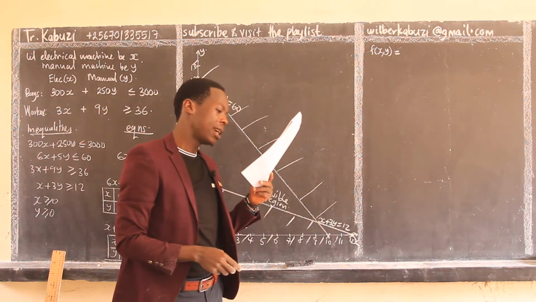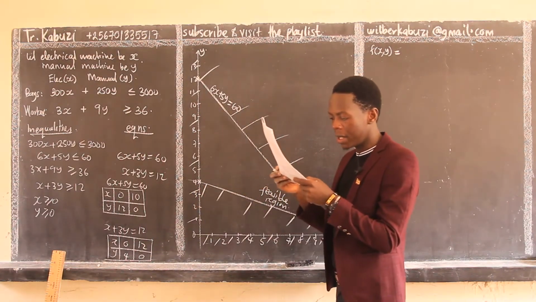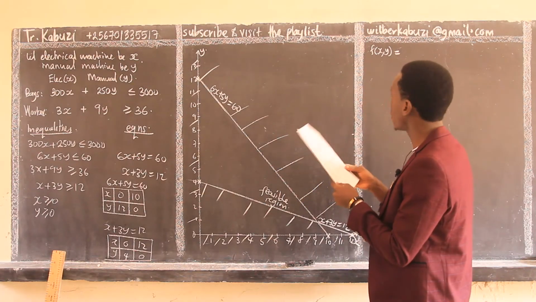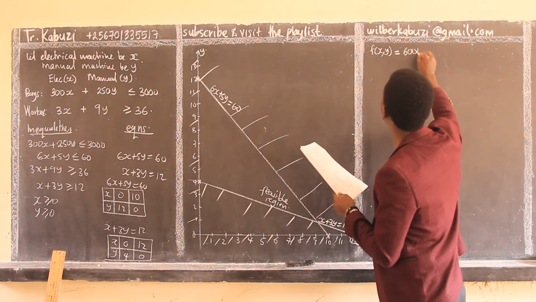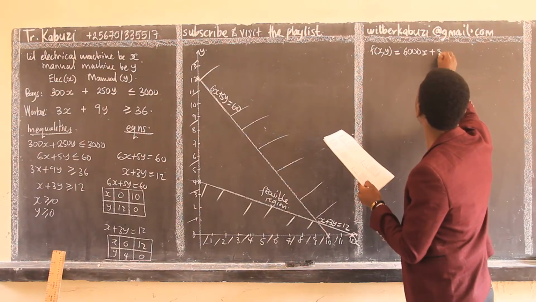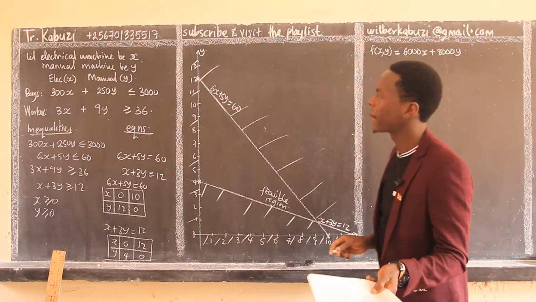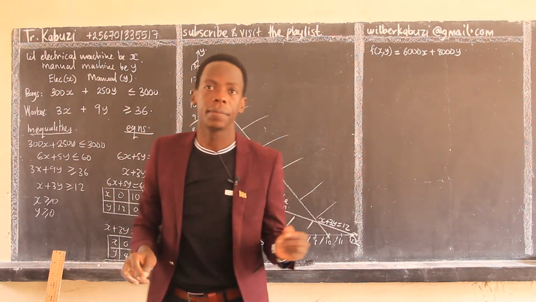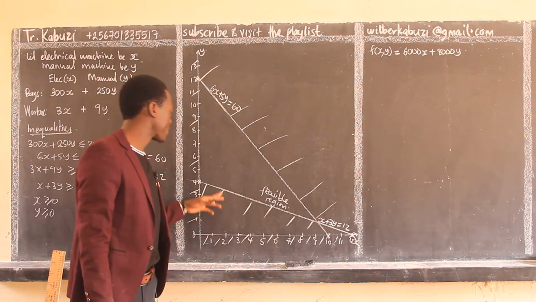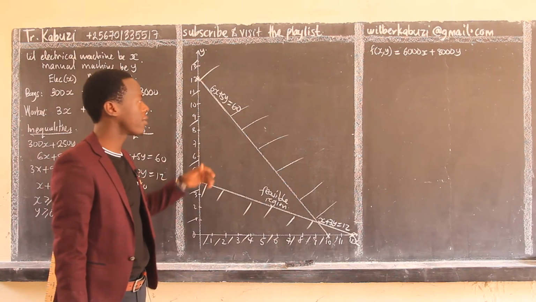The cost of running an extra machine costs 6,000 x, plus running the manual machine costs 8,000 a day. So now we are going to look for the values that minimize the costs in this region.